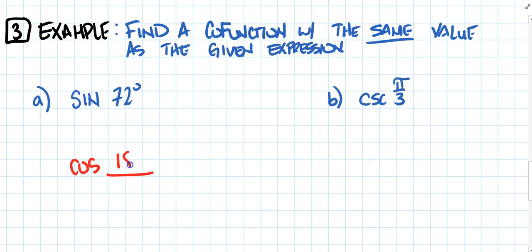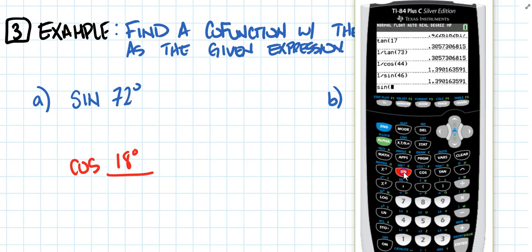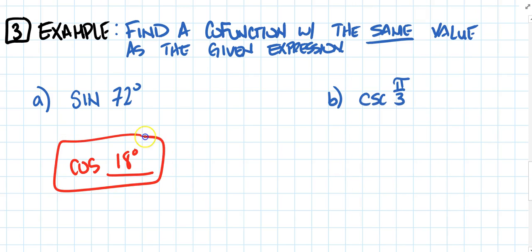So this should be 18 degrees, right? We can check in the calculator: if I plug in the sine of 72 and push enter, and then the cosine of 18 and push enter, we should get the exact same decimal for decimal. So the correct answer for part A would be cosine of 18 degrees.